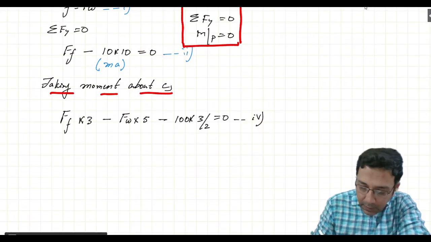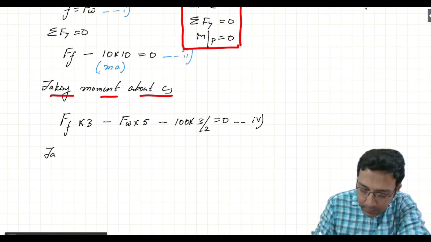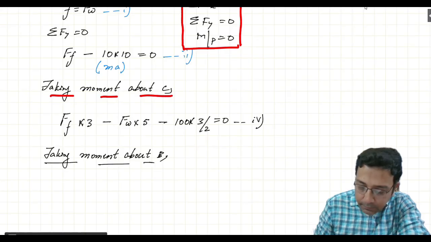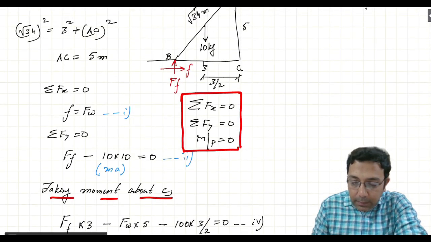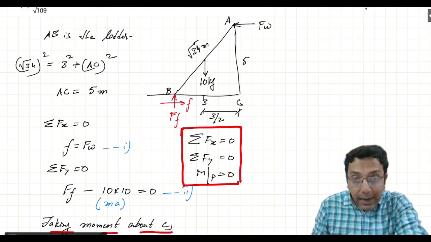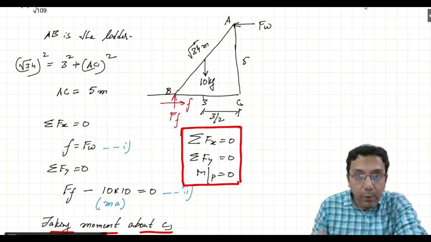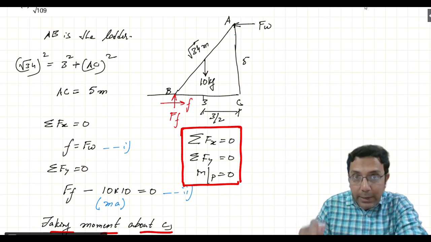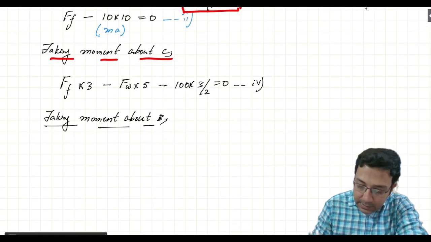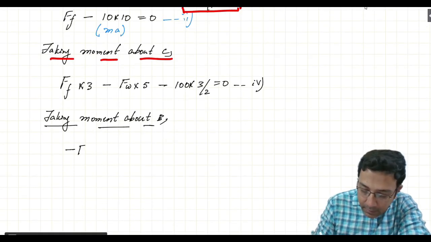Taking moment about the point B, what all will come? Fw into 5 will come, and it will be anti-clockwise, so minus Fw into 5.